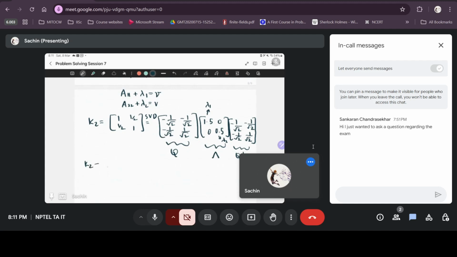eigenvalues, you have to solve determinant of Kz minus lambda I is 0.